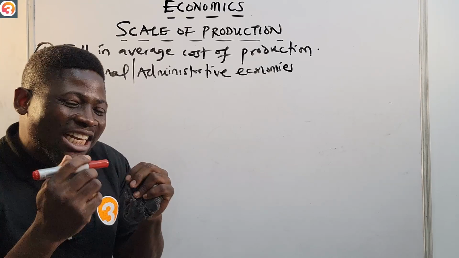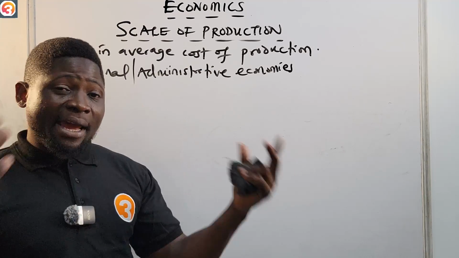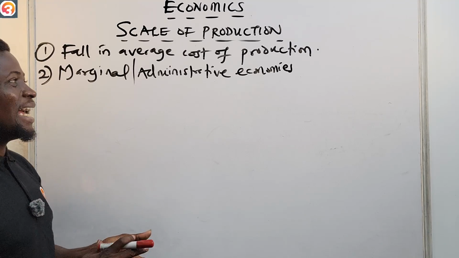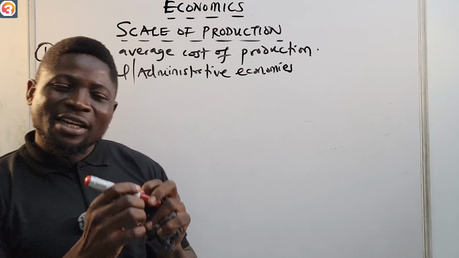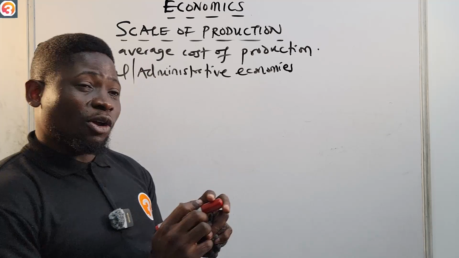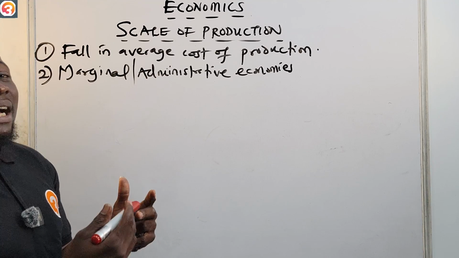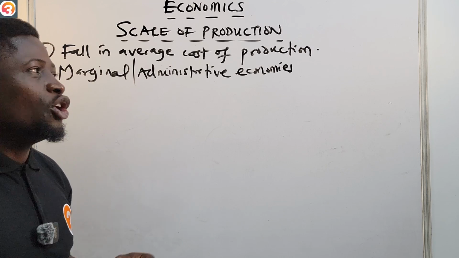They have the financial will because they are a big firm already. They can pay for the best hands. So they enjoy managerial or administrative economies. These are the advantages that firms enjoy when they operate on a large scale, the internal economies of scale.